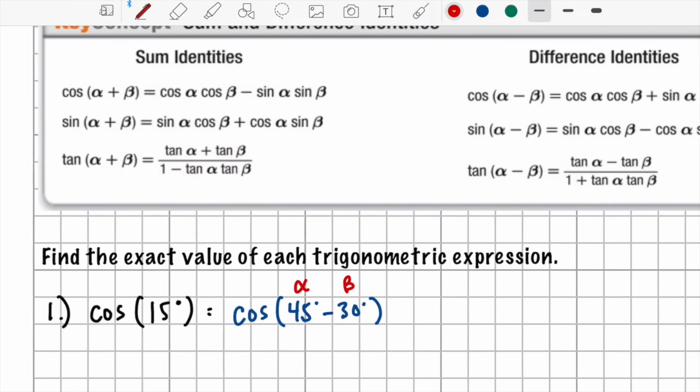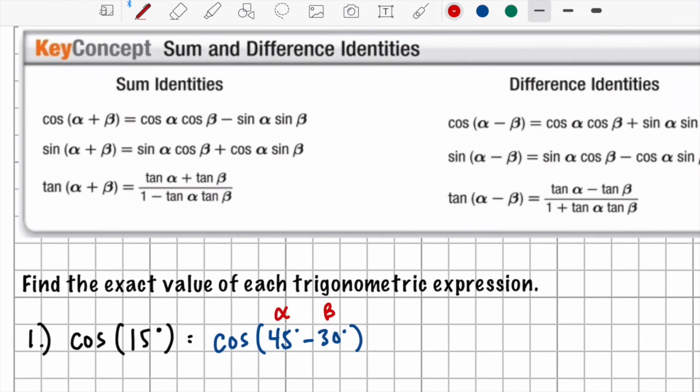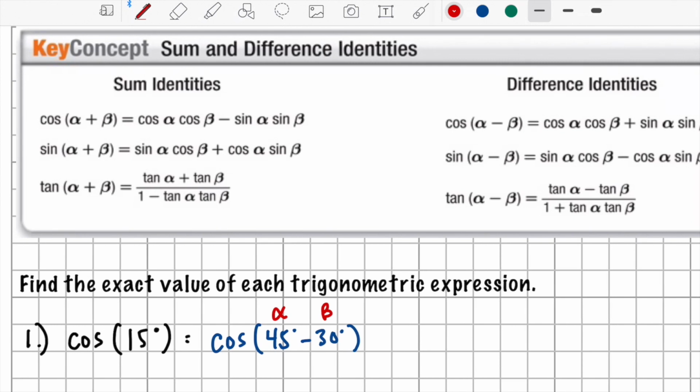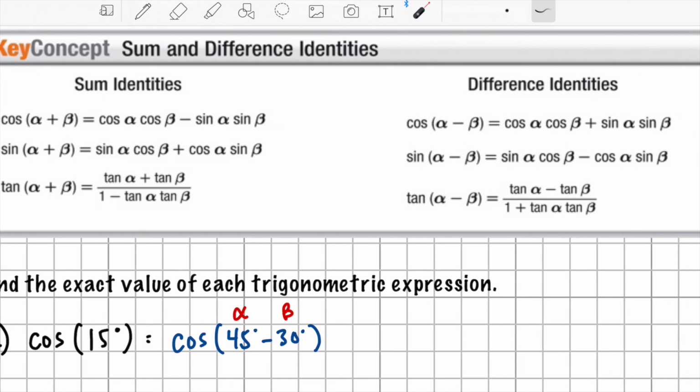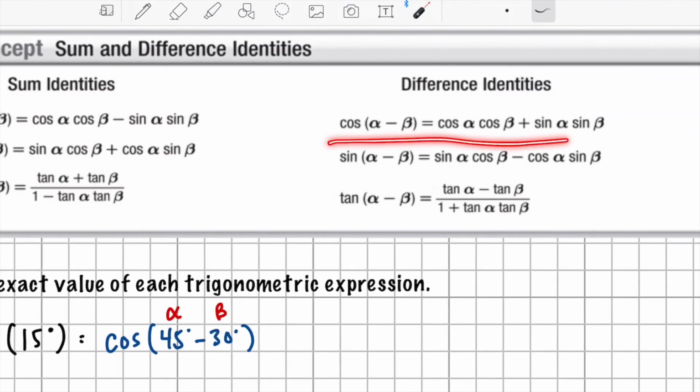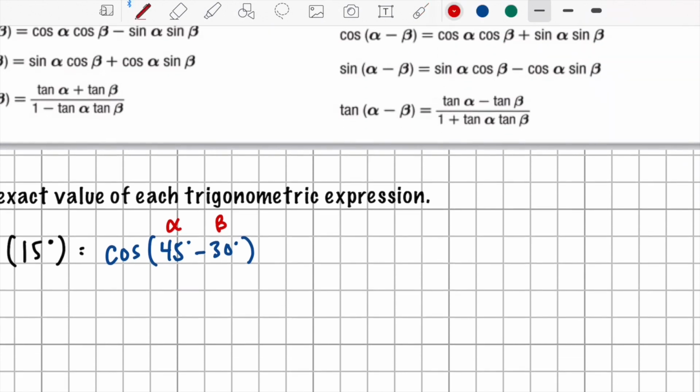If I look at my table, the sum and difference identities, this cosine looks like this difference right here. So what we need to do is expand this and write it like this. So let's do that right now.